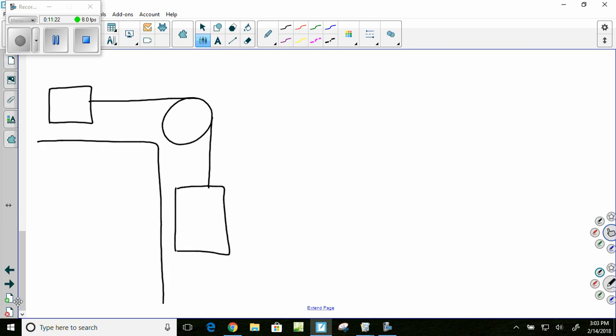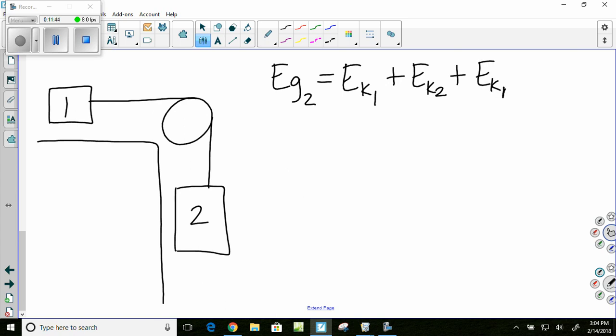So this is 2, this is 1. And all of that energy becomes, after the distance that it falls, the kinetic energy from 1, linear, plus the kinetic energy from 2, linear, plus the rotational kinetic energy of the pulley, plus the thermal energy, because we have friction.